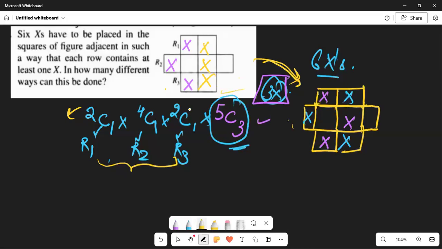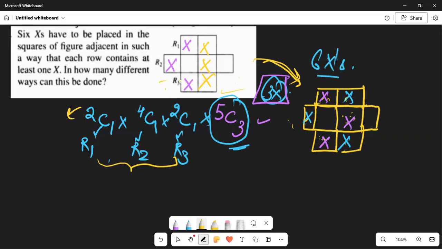Are you understanding what I'm saying? First you chose 3 positions here like this, and to fill your rest 3 x's, you chose your 3 positions like this. Then you chose your first 3 positions from each row like this using purple x, the positions that I have denoted using purple color, and the rest 3 x's you fill like this.